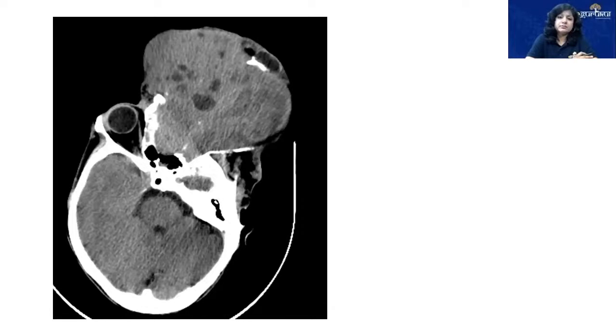The orbital extraocular muscles are the commonest site of rhabdomyosarcoma in the young boy. In females, though boys are more commonly affected, uterine or vaginal rhabdomyosarcomas are more common. But in the orbit, you will see a multi-compartmental mass with heterogeneous enhancement, and the first diagnosis that should come to your mind is a rhabdomyosarcoma.